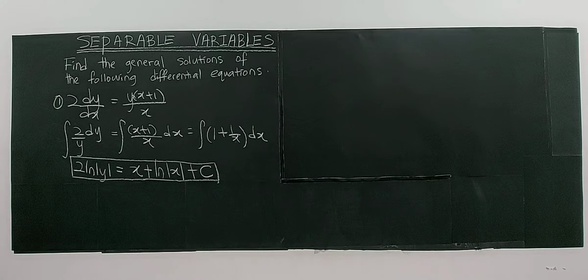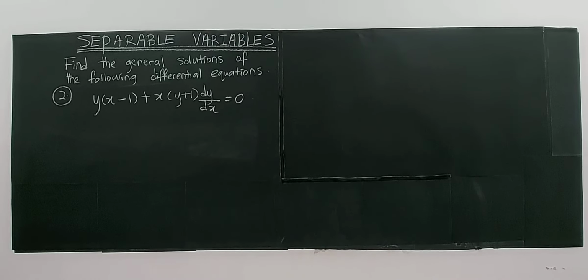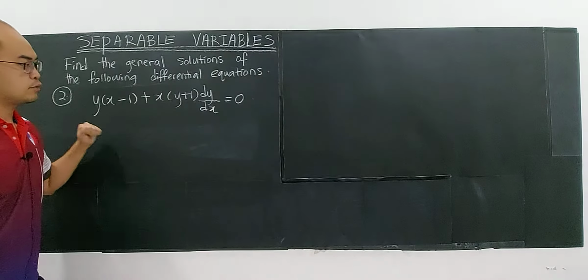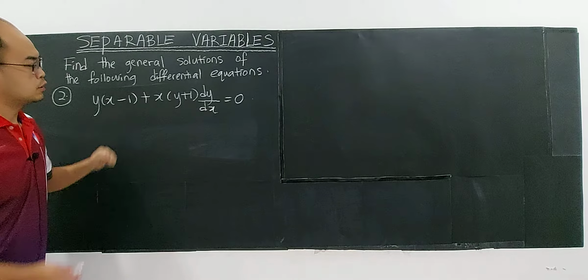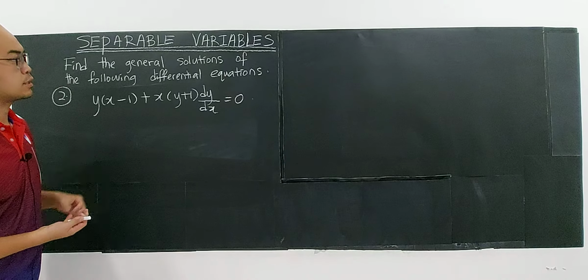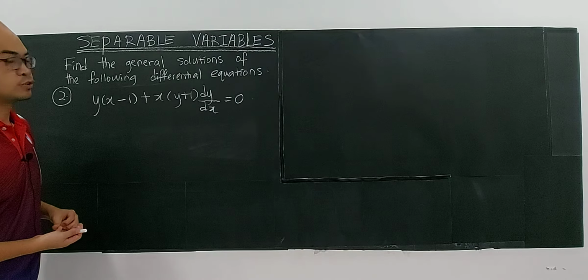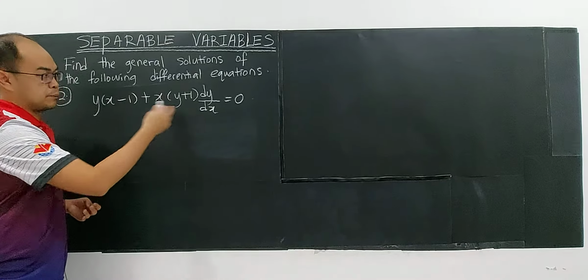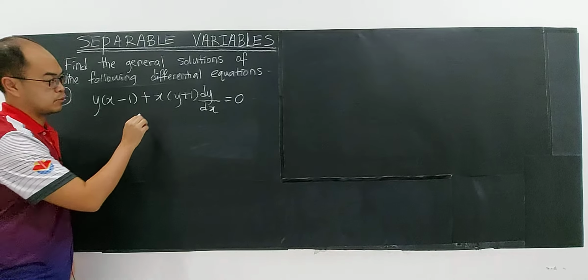So let's go for more examples. All right, let's look at these examples. This is a first order differential equation. We try to solve this equation, and I tell you that this is a differential equation which can be separated, so we can use the technique of separable variables.